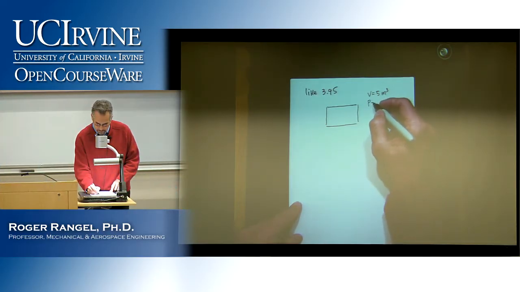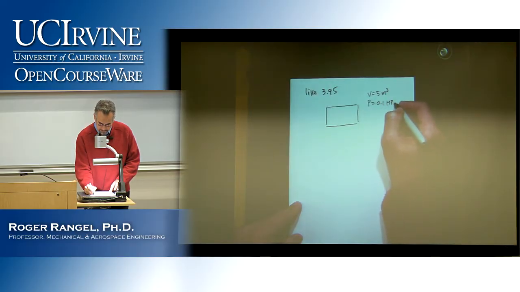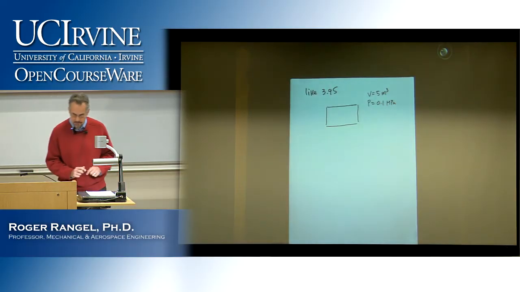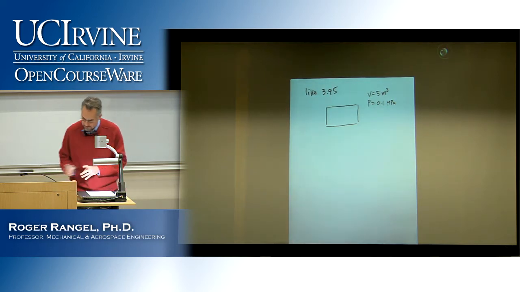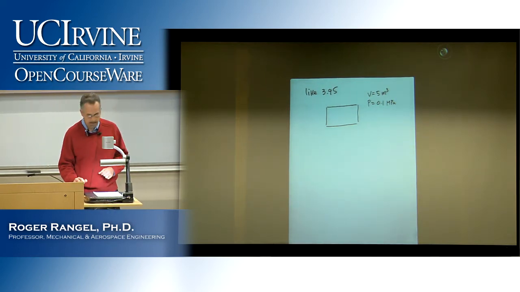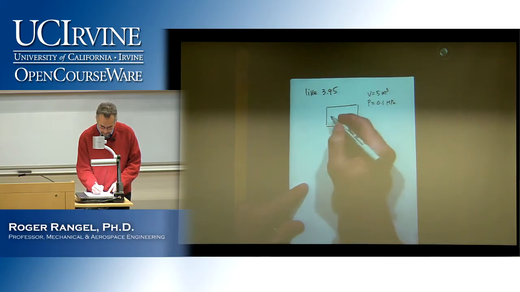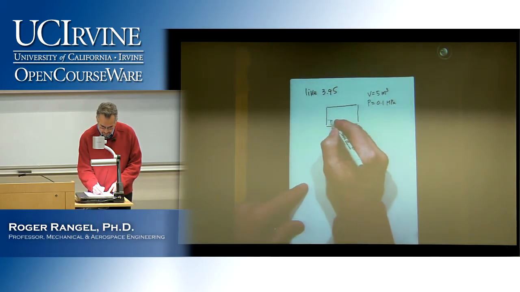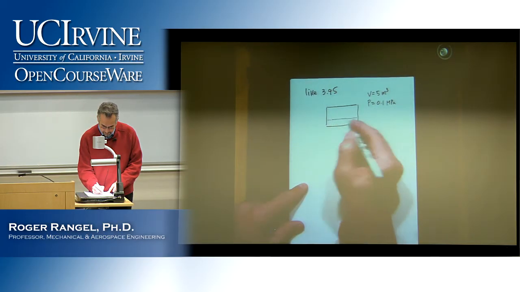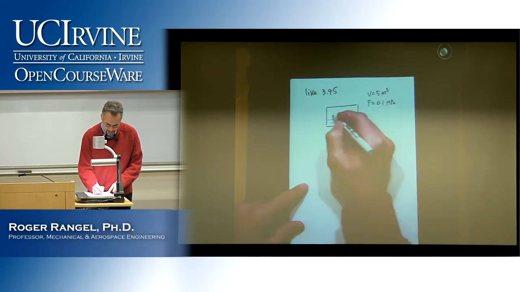So we know the volume, we know the pressure. And we actually also know, so this tank is occupied by a saturated mixture. And so some of it is liquid, some of it is vapor. So let's say that this is the liquid and this is the vapor.